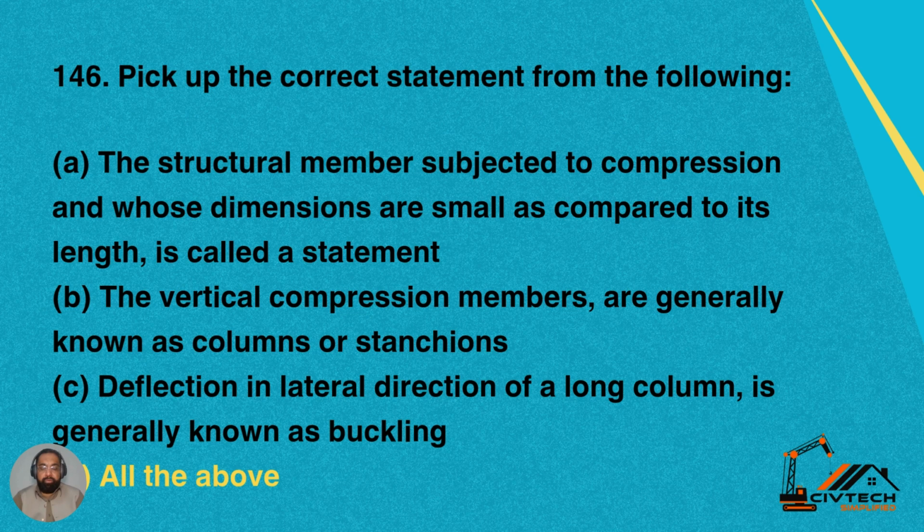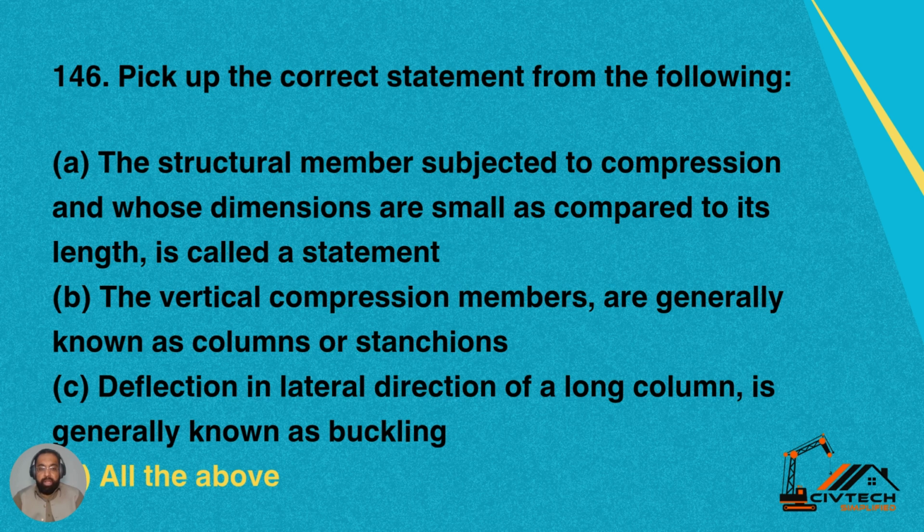146. Pick up the correct statement from the following. Option A, a structural member subjected to compression and whose dimensions are small as compared to its length is called a strut. Option B, vertical compression members are generally known as columns or stanchions.